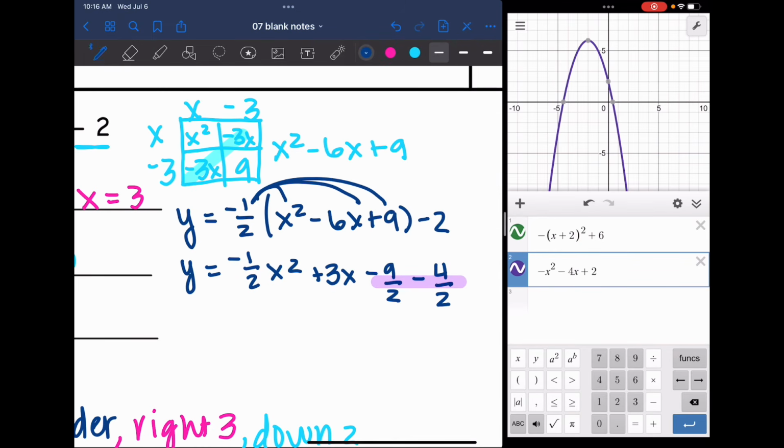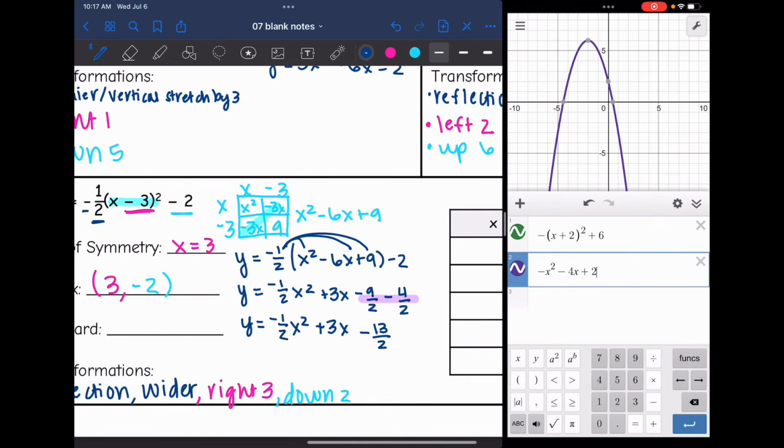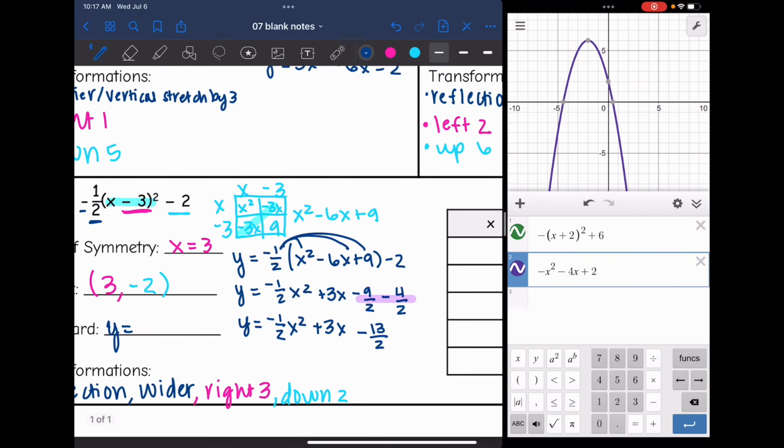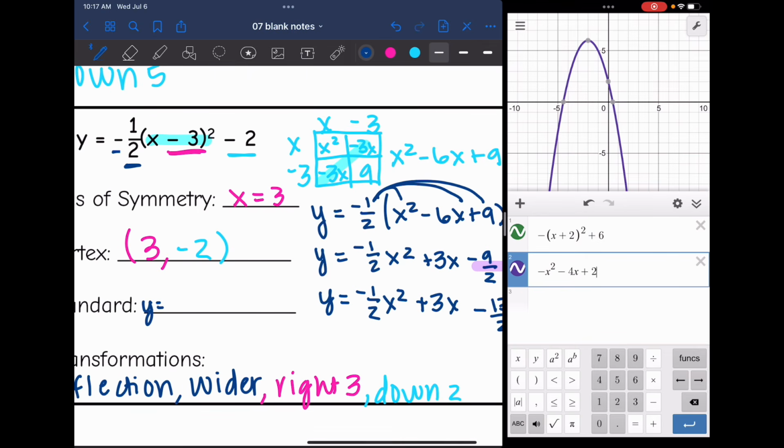And I get y equals negative 1/2 x squared plus 3x, minus 9 minus 4 is 13, and keep that common denominator. So y equals negative 1/2 x squared plus 3x minus 13/2 for standard form.